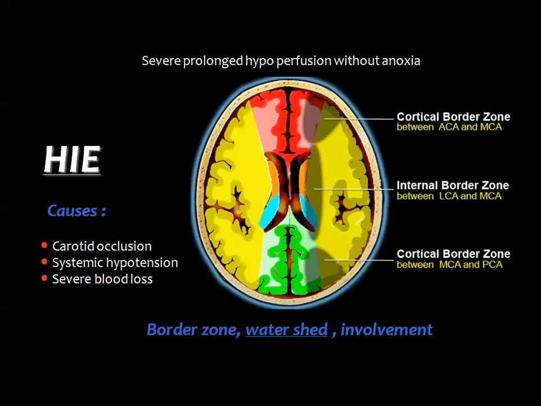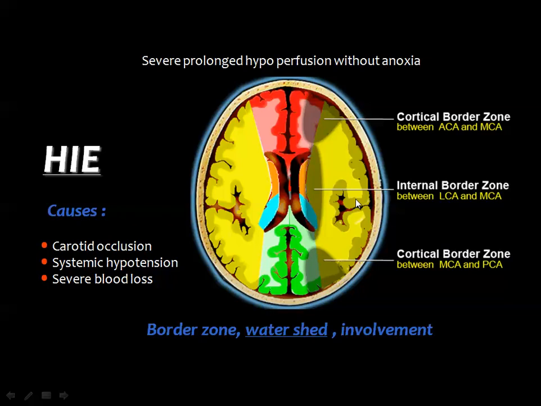Then one of the changes of hypoxic ischemic encephalopathy is what's known as the watershed infarctions or the border zone infarctions. These infarctions occur between the territories of the vessels. And here you see this is the vascular territory of the anterior cerebral artery, the yellow is the vascular territory of the middle cerebral artery, and the green one is the vascular territory of the posterior cerebral artery.